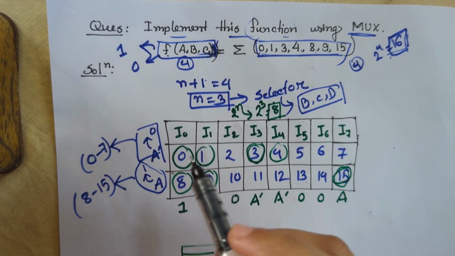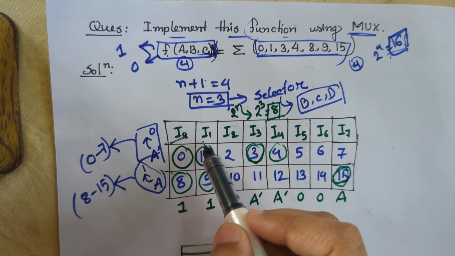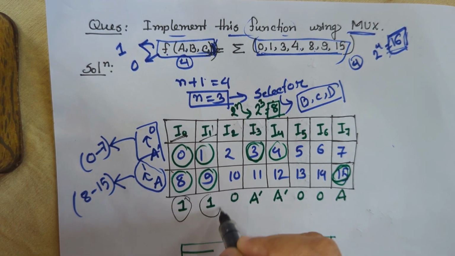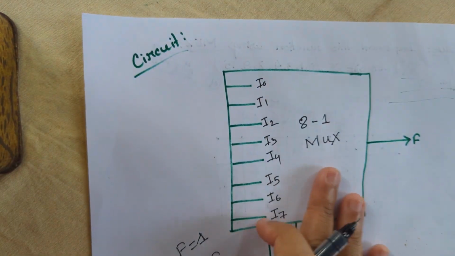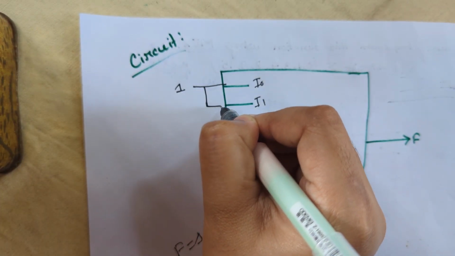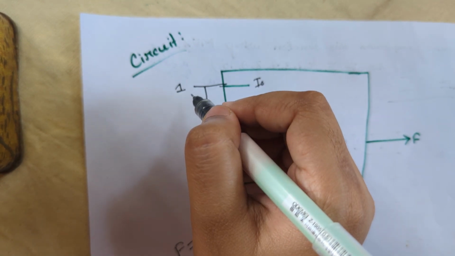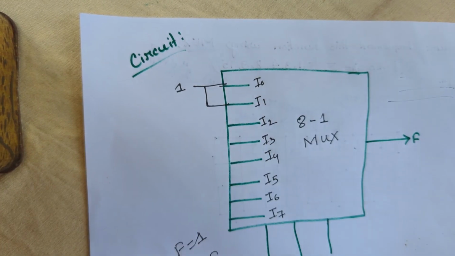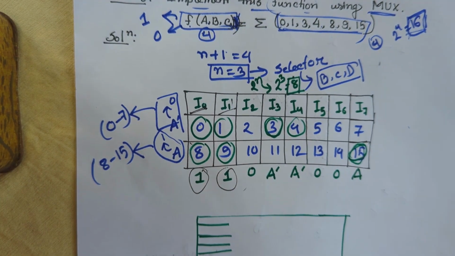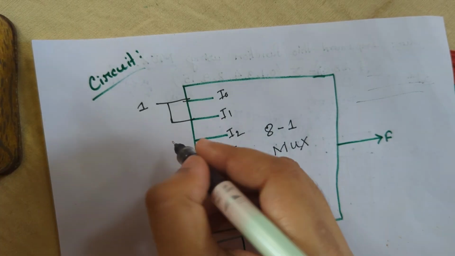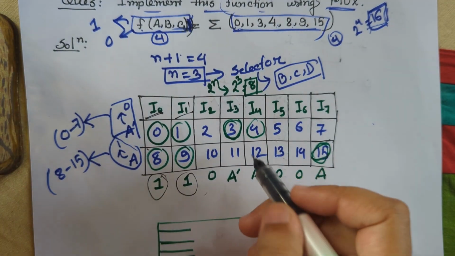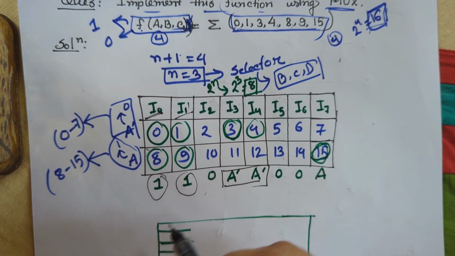From this we can see that for I0 and I1 we got the function of A as 1 and 1. So the inputs of I0 and I1 will be 1. Then for I2 we got 0, so we give I2 as 0 input, and for I3 and I4 we have A prime.